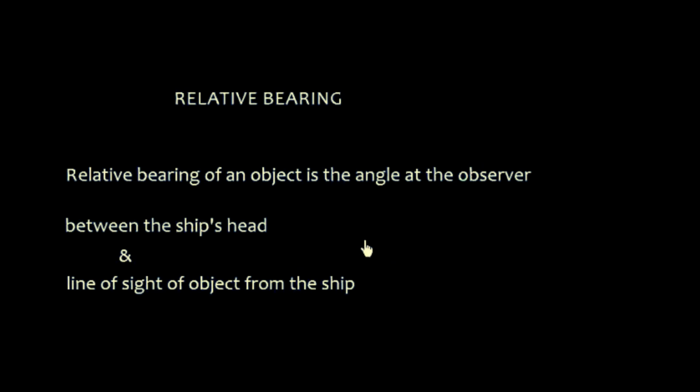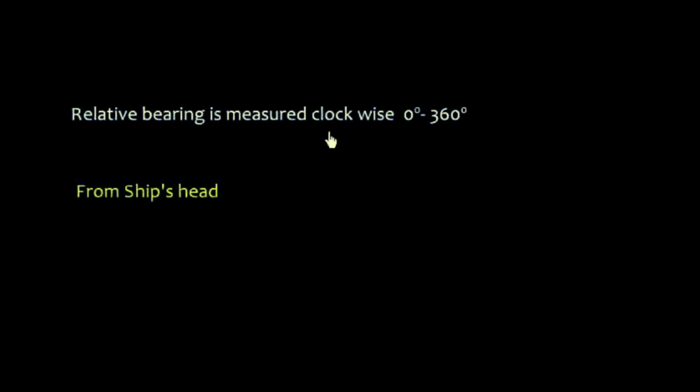The relative bearing is defined as the angle at the observer between the ship's head and the line of sight of the object from the ship. Relative bearing is measured clockwise from 0 degree to 360 degree, and this is measured from the ship's head. Well, the 000 degree is the ship's head, and that's the only difference from true bearing.